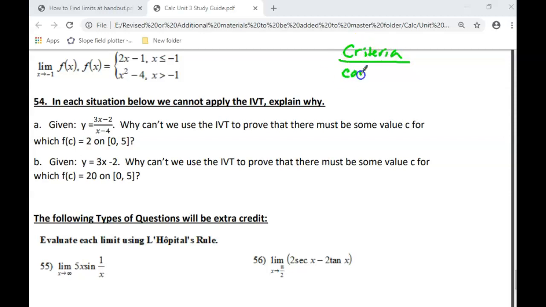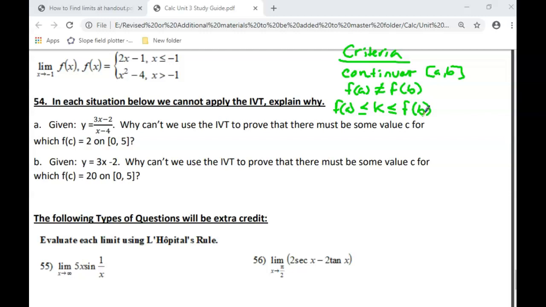First of all, the function has to be continuous on the interval. Also, f of a cannot be equal to f of b. If they are equal, it doesn't apply. And then third of all, the k value you're trying to work with has to be in between the two y values that you're concerned with.